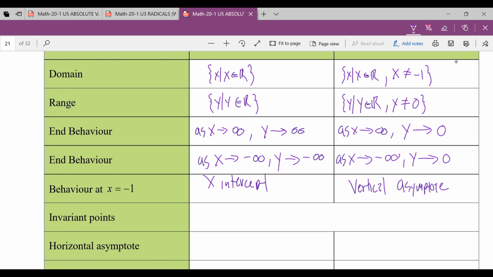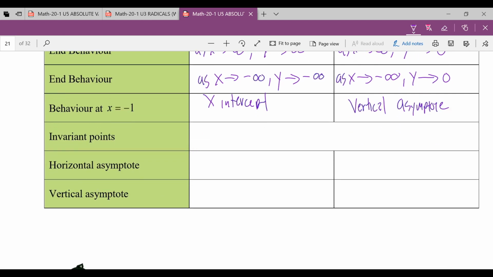Invariant points. What are the invariant points on a graph? Well, in this case, for f of x equals x plus 1, invariant points are going to happen when y equals plus or minus 1. And that's going to be for both cases, for both f of x and the reciprocal of f of x.